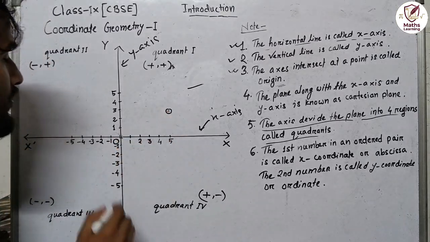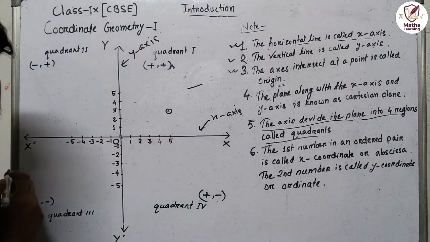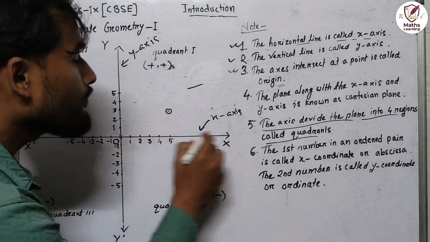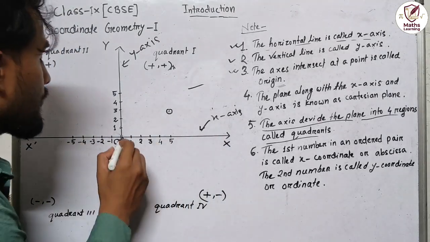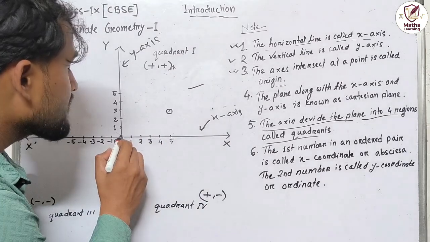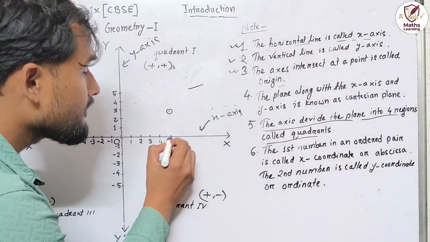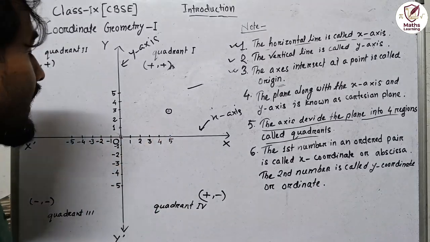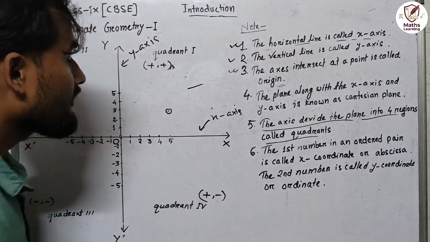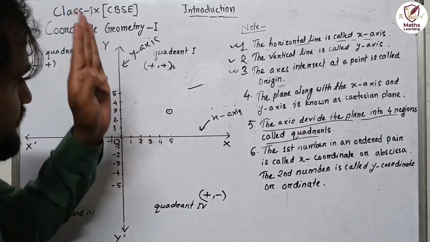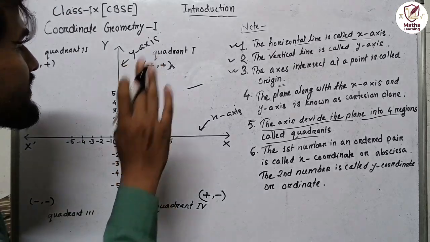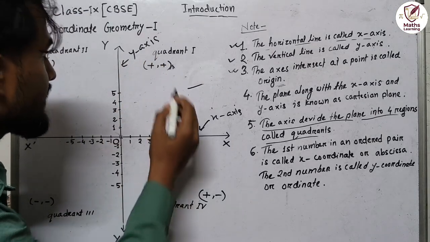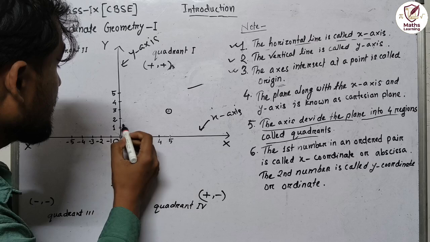To reach this point, we can't go through the negative direction. We must go through the positive direction. When we go through the positive direction, we must reach 5 units from the origin. After reaching the 5, we have to go upward. It means ऊपर जाना पड़ेगा. कितना यूनिट जाना पड़ेगा?